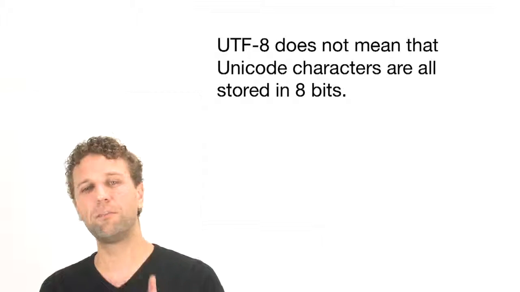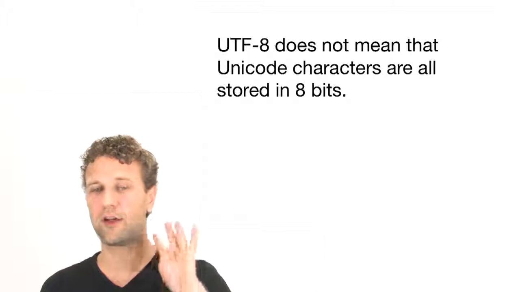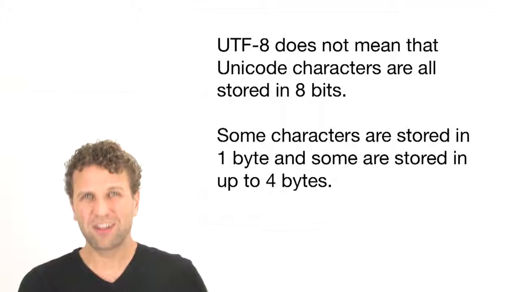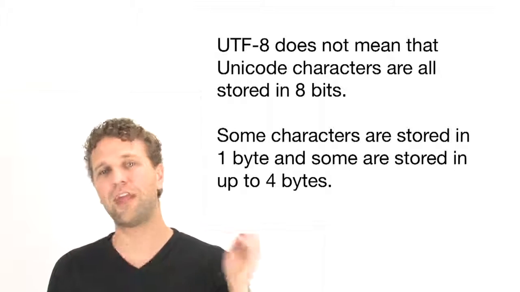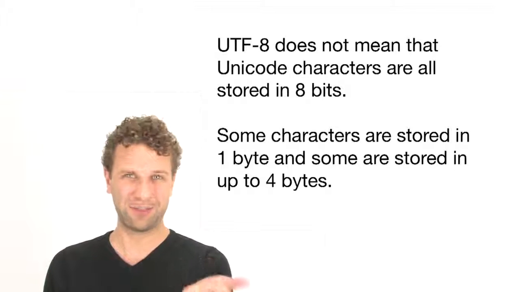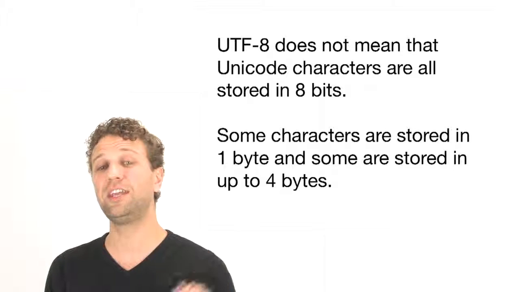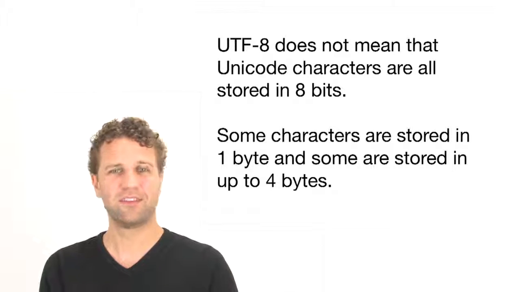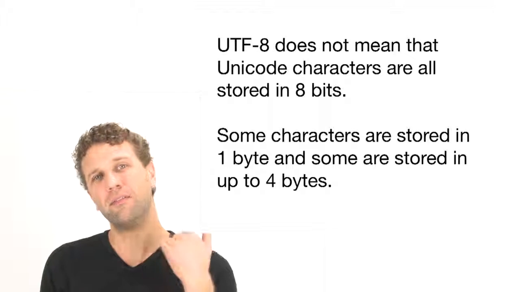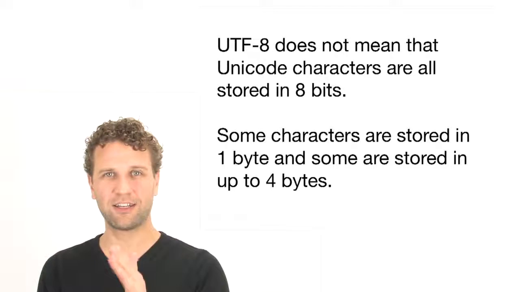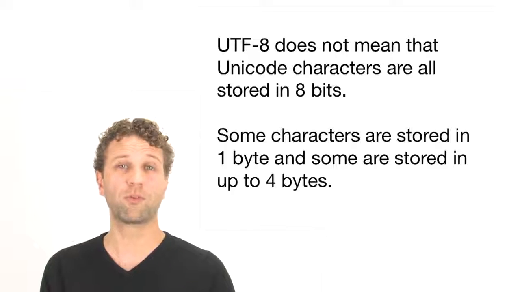UTF-8 uses 1 byte when it can, and more bytes, up to 4, as needed. That's flexible. It's a common misunderstanding that UTF-8 means ASCII, or the 8 bits of the original, and that UTF-16 means Unicode. That's not the case at all. UTF-8 encompasses all of Unicode, and it just might take any number of bytes, 1 through 4, to do it.